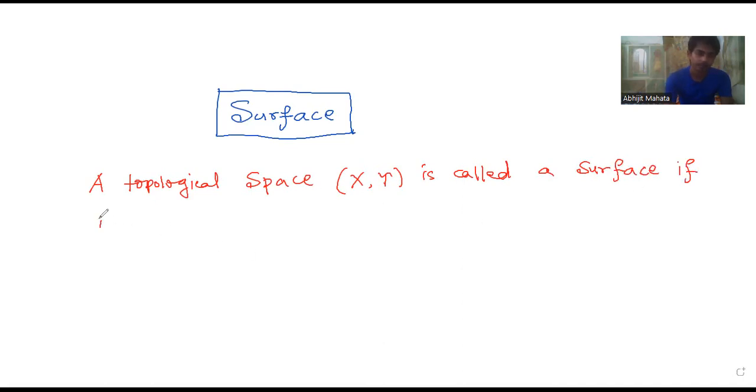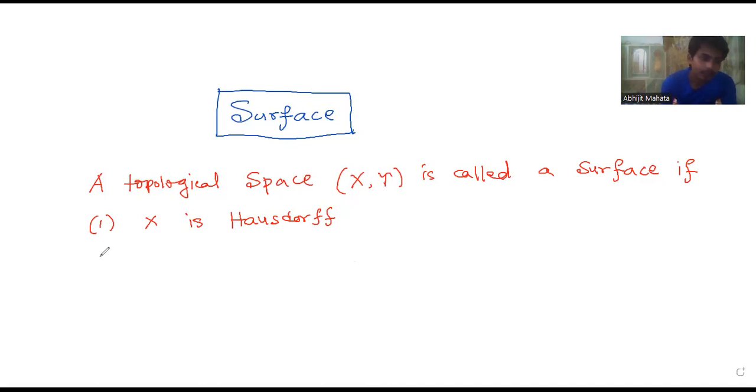Firstly, X is Hausdorff. Hausdorff means if you take any two distinct points in the space X, you can find two disjoint open sets that separate those two points. Then we call that a Hausdorff space.